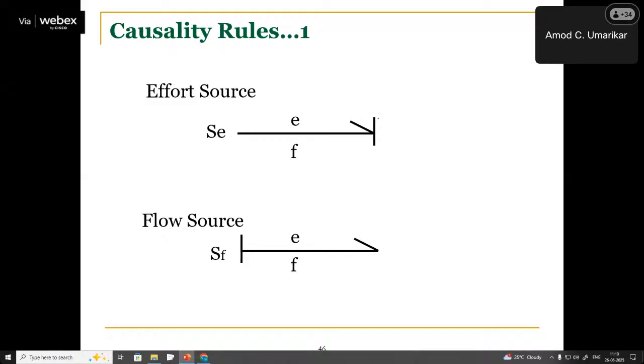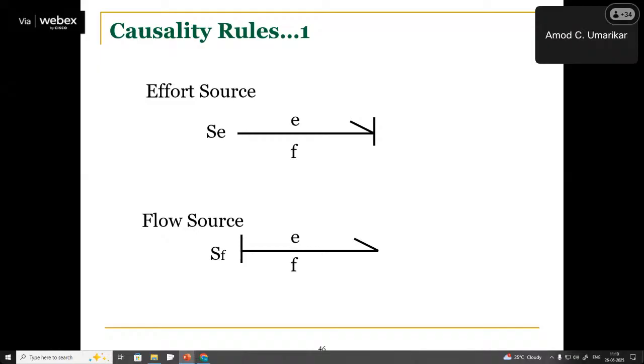You have to give this causal stroke in an effort source like this, because you are applying effort on something. Similarly, if you have a flow source, flow is fixed, while effort will be the effect. Flow is cause, effort is effect. So that's how you have to give causality.